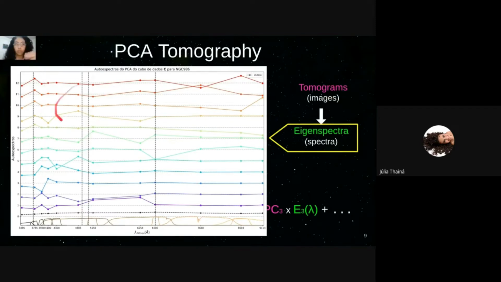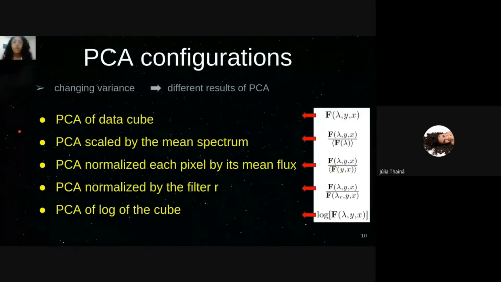Like this plot, where in the x-axis we have the 12 filters, and in the y-axis we have the eigenspectrum. Then we make different configurations of PCA, and these configurations are basically applying mathematical operations on the original data.